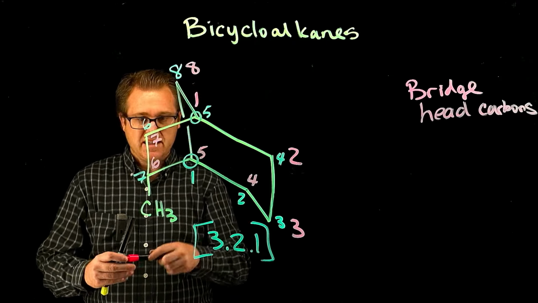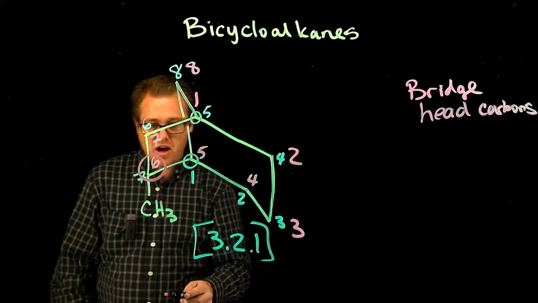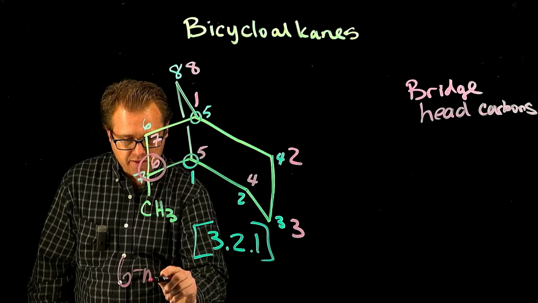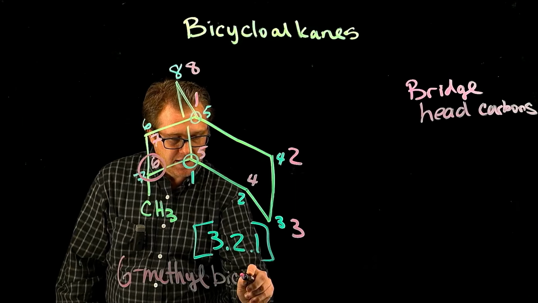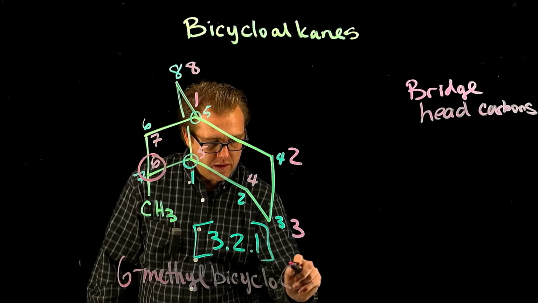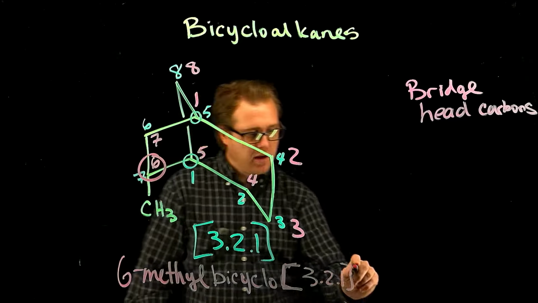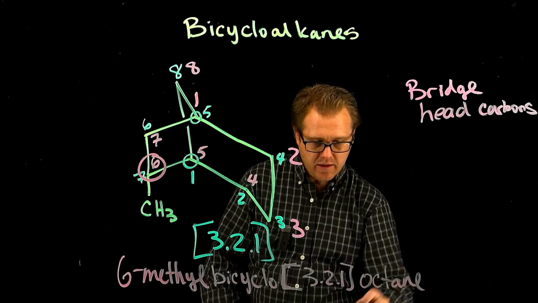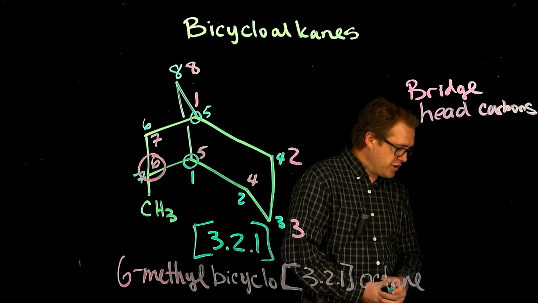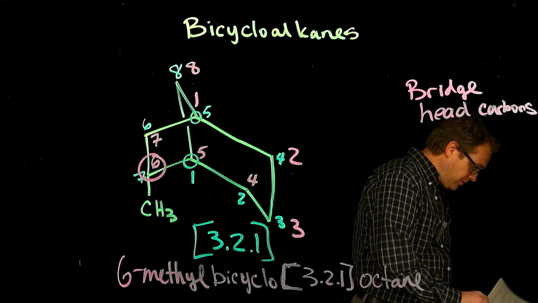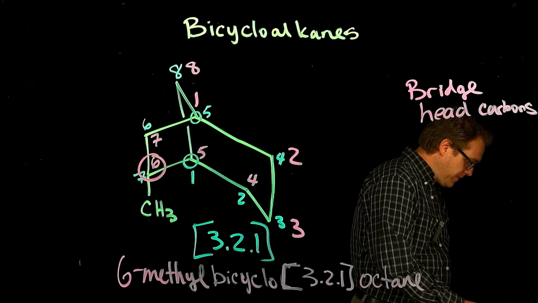So that would be the 6, or the pink numbers. So the name of this compound is going to be 6-methyl bicyclo 3.2.1 octane. All right. So that's the nomenclature for bicyclo compounds.